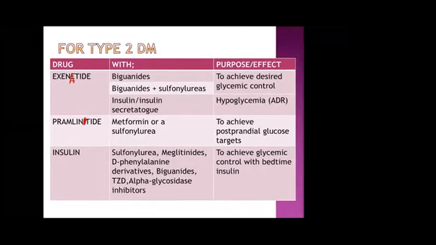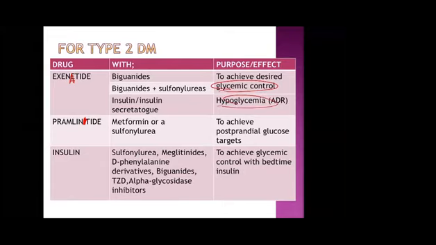So we have exenatide and pramlintide. Usually, exenatide is being combined with biguanides o kaya biguanides plus sulfonylureas or insulin secretagogue. So ang purpose is to enhance the hypoglycemic effect. However, kapag ginamit ito, possible risk is hypoglycemia, directly related to the MOA.